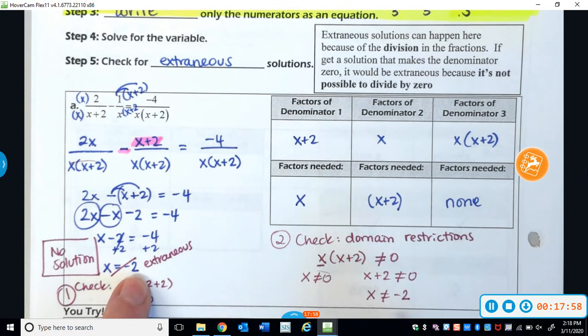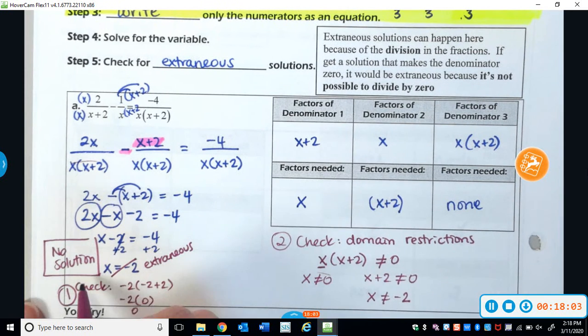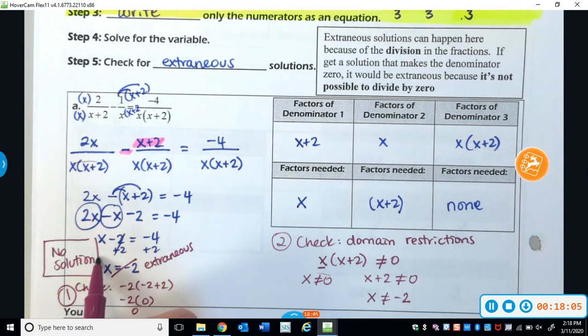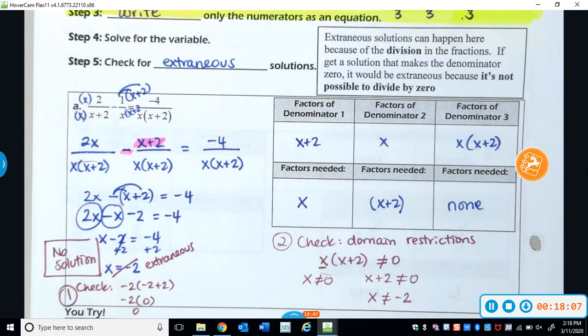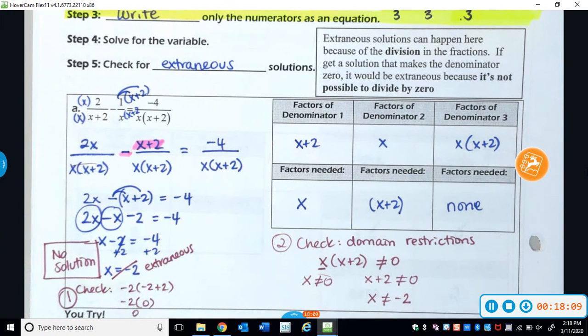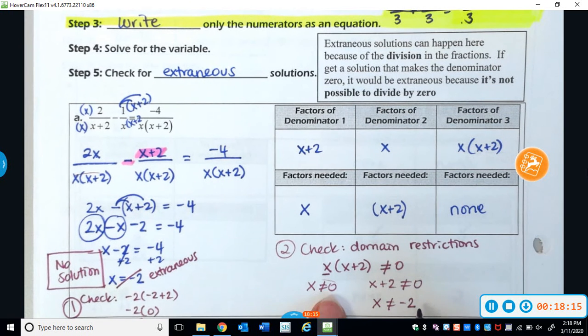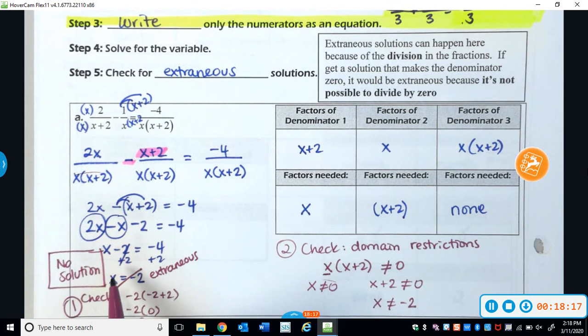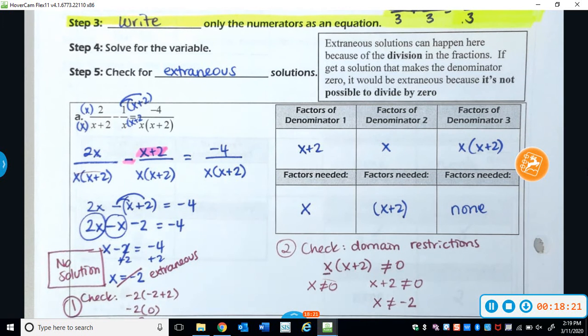And so since negative 2 is not allowed, once again, this is an extraneous answer. And since I have no other solutions that I got from this, this particular equation would have no solution in that case. But if I got 2 different answers, it might be that they both work. Maybe both of them, if my 2 answers were 0 and negative 2, then they would both be extraneous and there'd be no solution. Or maybe just one of them doesn't work and then the other one does, and the other one would be the solution.